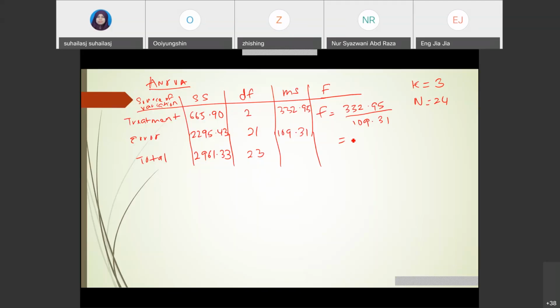You get 3.046. So that is your F calculated.